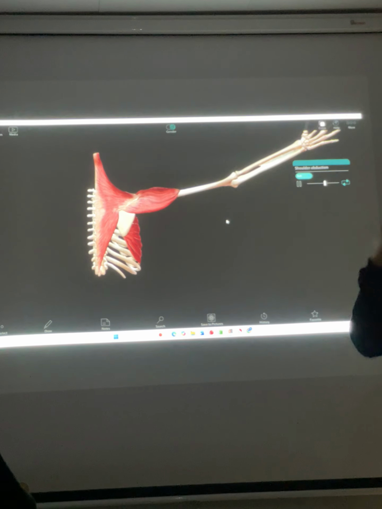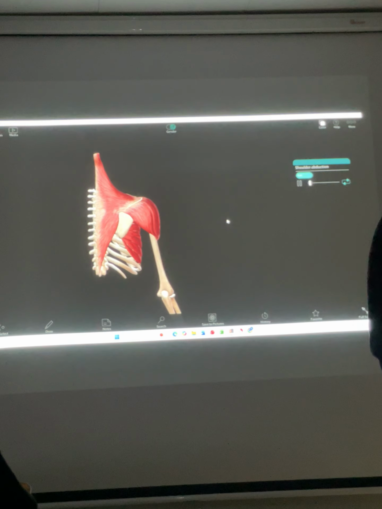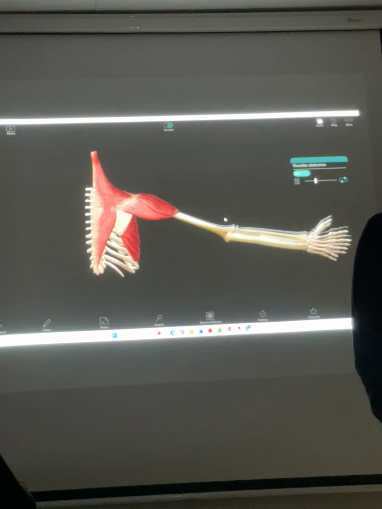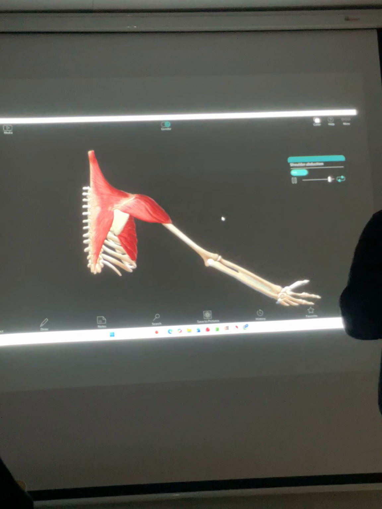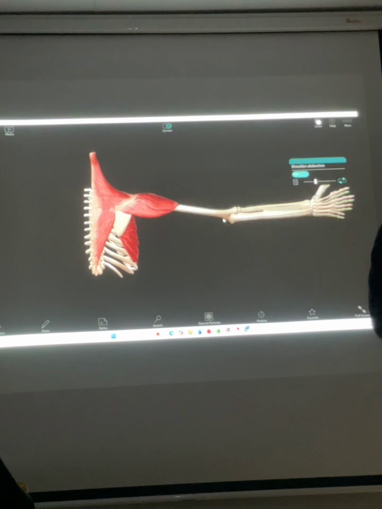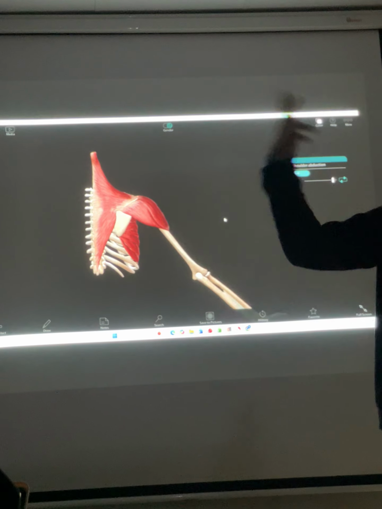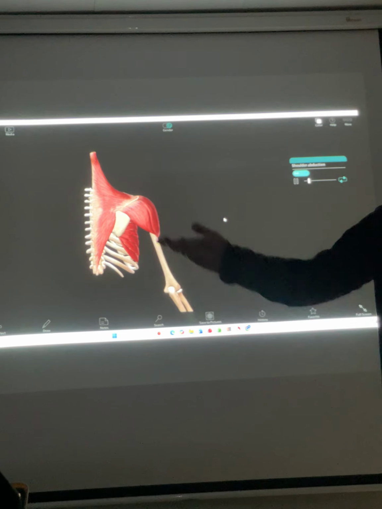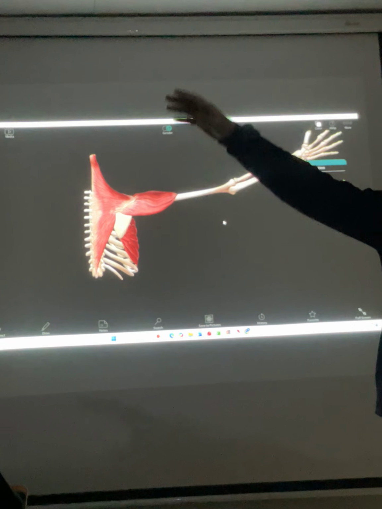So because of that, basketball players most commonly have injury in the shoulder, because of which muscle? If the deltoid is stronger, which one is weaker? Supraspinatus. So if I use the supraspinatus too much, what will happen? Injury.